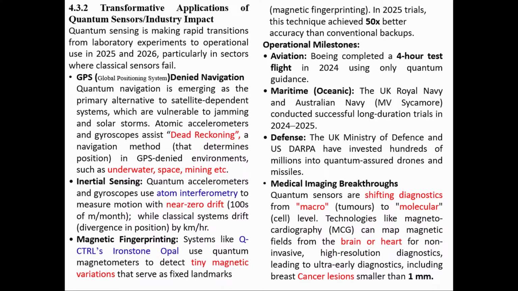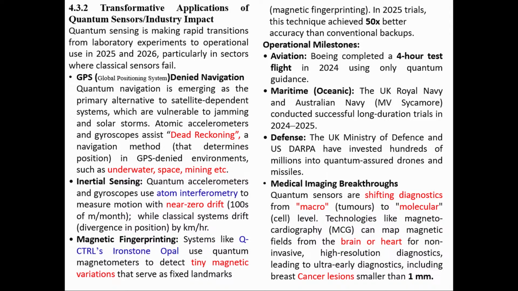Dead reckoning is a technology for GPS-denied environments like underwater, space, mining, etc. And inertial sensing is another, atom interferometry. Atom interferometry means you are using quantum things, atoms, electrons and photons, and they will not change their state. They are immutable quantities.